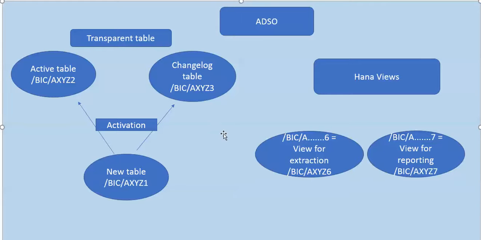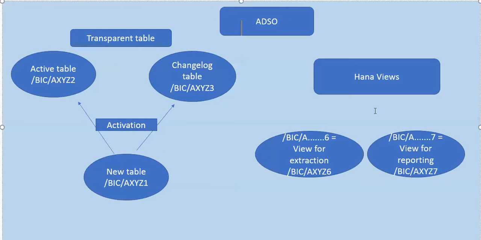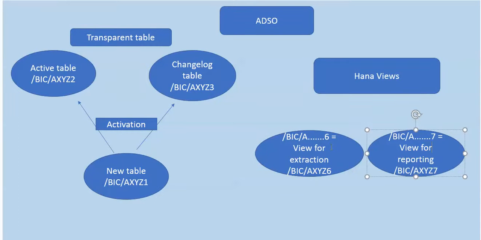Now, after completing the transparent tables, I'm coming to the HANA views. As I mentioned earlier, when an ADSO is activated in HANA, 2 more views are created. Those end with 6 and 7. View 6 is mainly for extraction, and view 7 is for reporting.